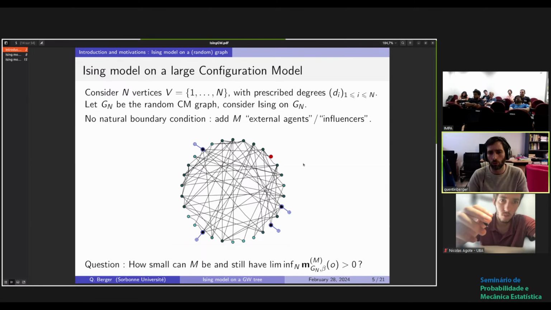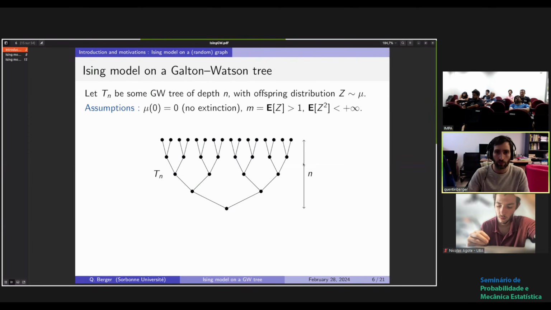I don't want to go into the detail of this exploration process, but basically what you can prove is that the configuration model locally looks like a tree. That's why we shifted our focus and tried to understand first this same question on a tree, and that's the question I will be presenting today. This was just motivation, and now I'll just tell you what the result is.